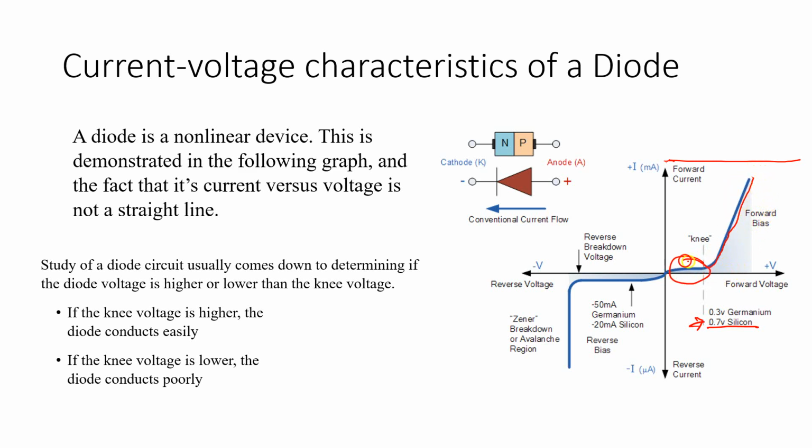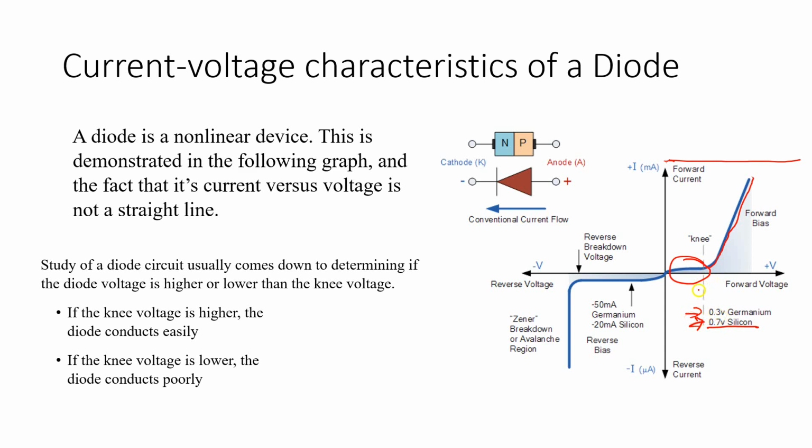At this portion, it would not have been conducting as yet. But as soon as you overcome this small amount of voltage, then you will see that it's now going to conduct. For germanium, you can see that the turning on voltage, which is what we call the potential barrier, is about 0.3 volts.